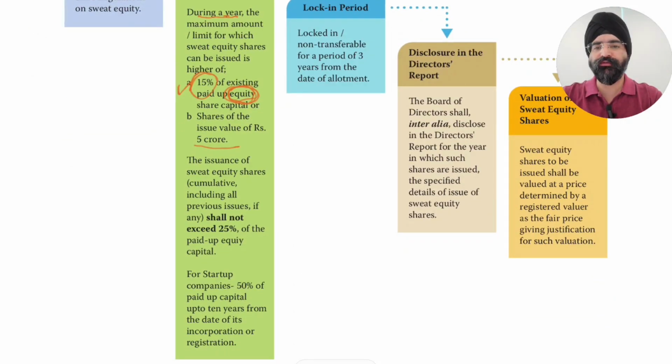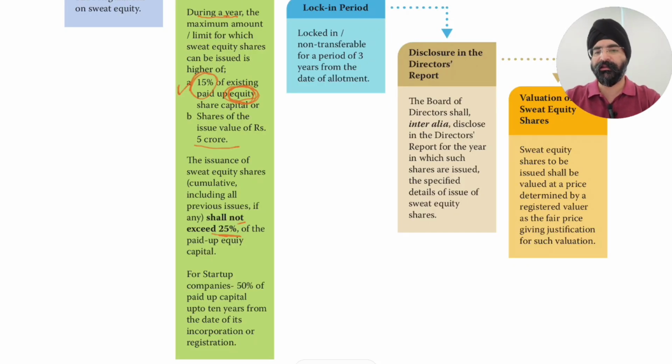Then the issuance of sweat equity shares cumulative, including all previous issues, if any, shall not exceed 25% of the paid up equity capital. Now this is another condition, not considered during the year.